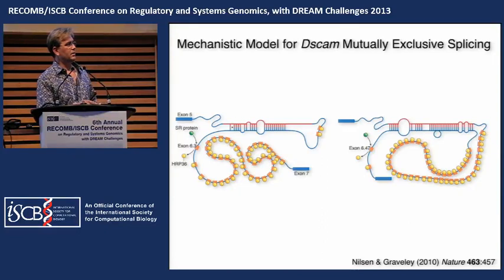Something magical happens, and we think that the exon immediately downstream of this base pairing is somehow stripped of HRP36, and another protein, perhaps an SR protein, comes in and binds there, and then you can get splicing of that exon. And because the remaining exons downstream are still repressed by this protein, you can only splice down to exon 7 at the very end.